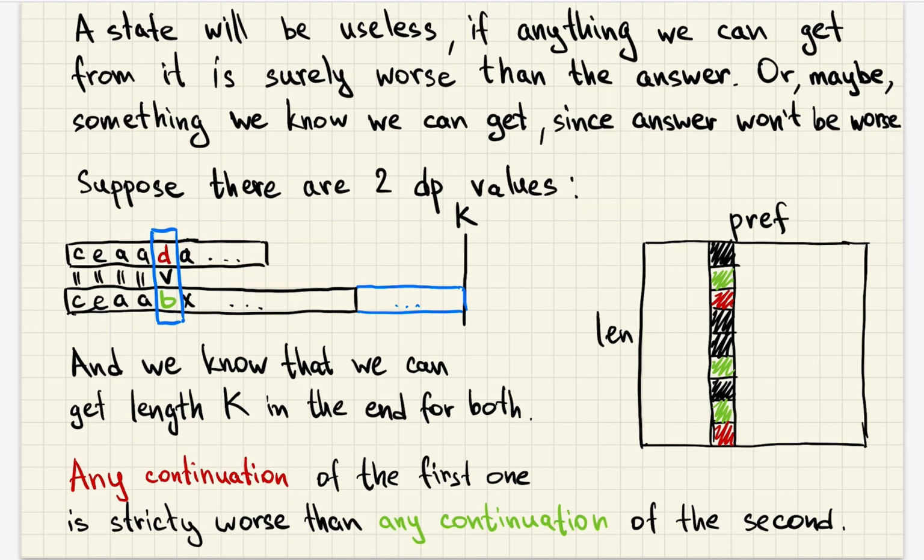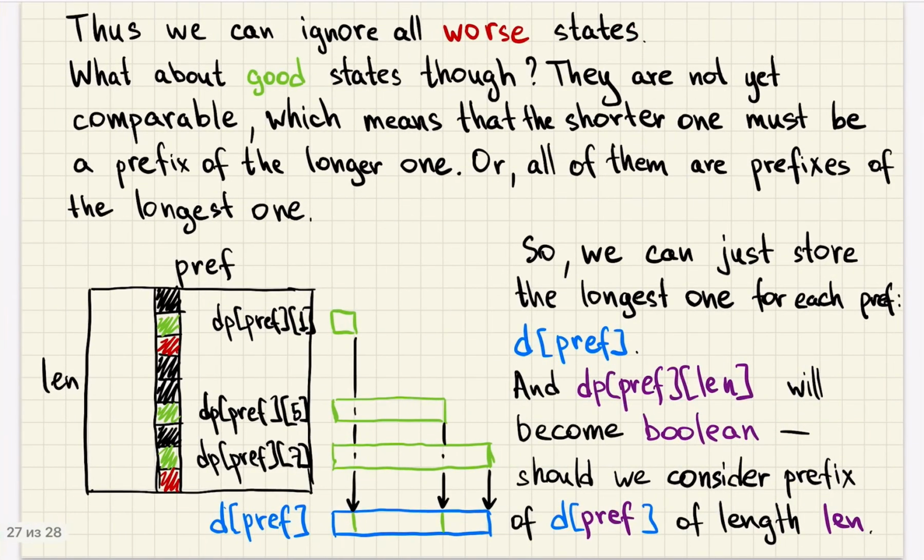So for a fixed prefix, we have marked some states as totally bad because we cannot get length k in the end. And we can also mark some states as bad because they are surely worse than some answer we can get. But what about good states? It still can be a lot of states.